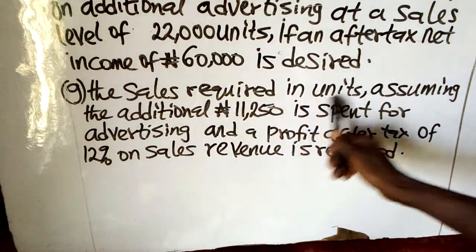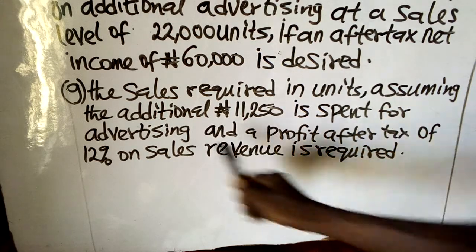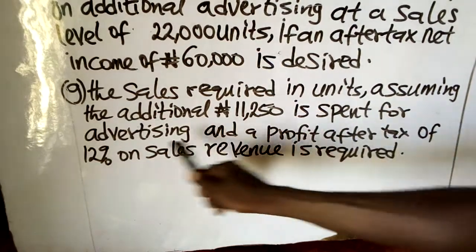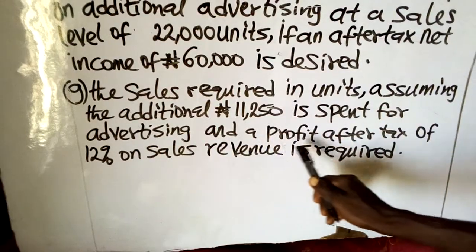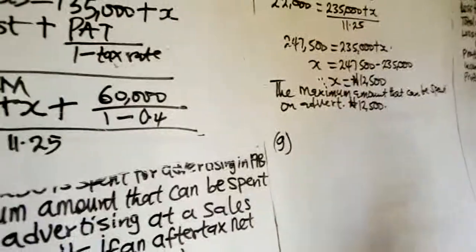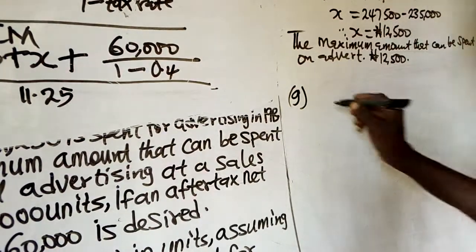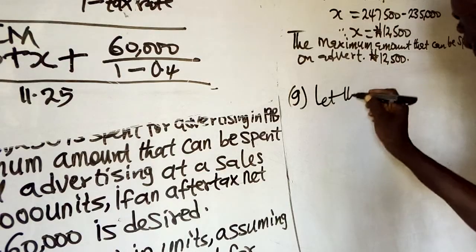The sales required in units means the number of units to be sold that you need. So now, what is our sales revenue? We don't know.